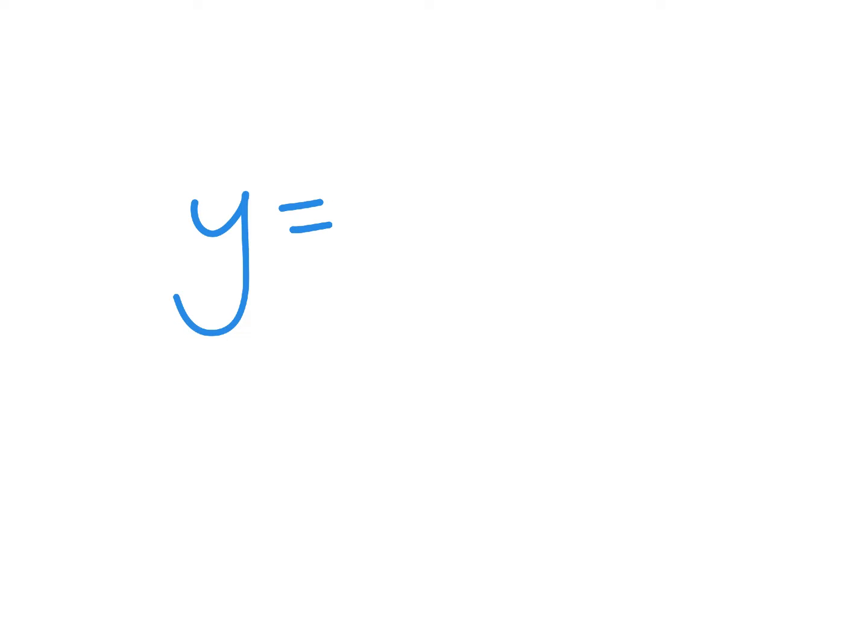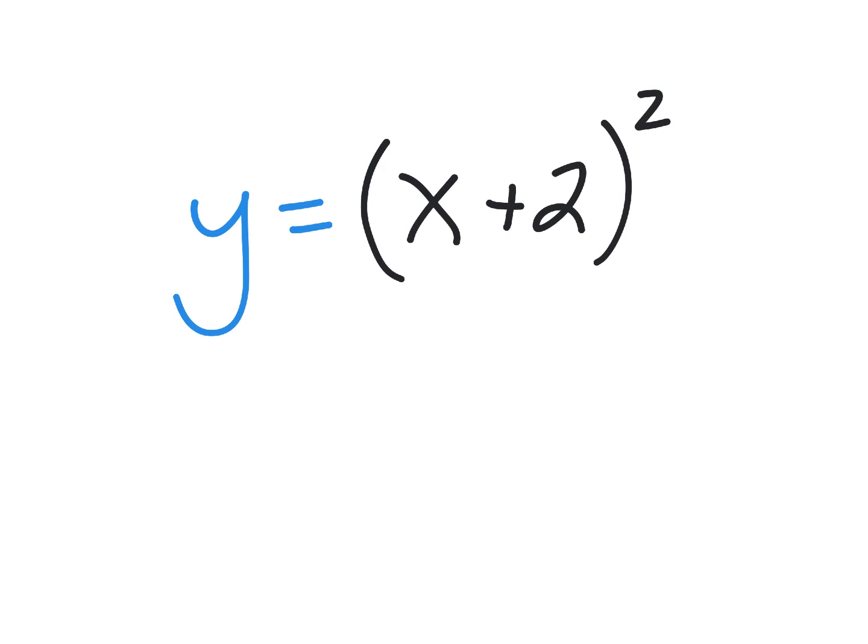If you all know that y equals x squared would be a parabola, that would be a parabola, except moved. Everybody write this one down. And I want you to then put an arrow and say which way it's been moved.